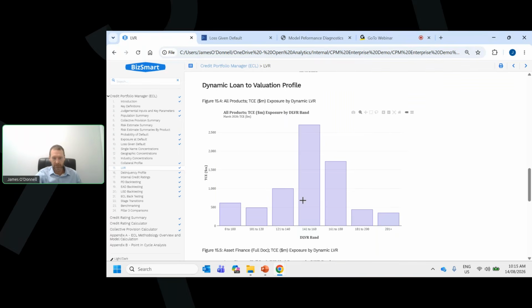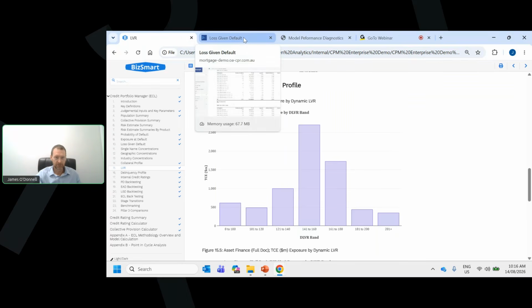So pretty typical for an asset finance book, your average LVR, once you factor in the recovery value, is typically around 150%. Tertiary assets can, in the tail, be as high as 200%. That simply means that on average, you'll only recover half the value of the asset. So that's what's behind the LGD.